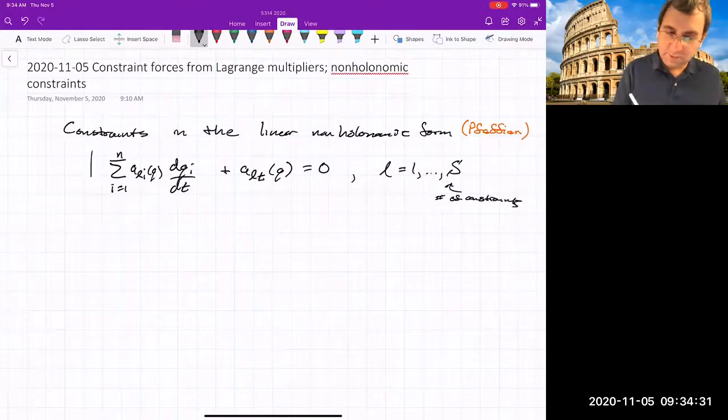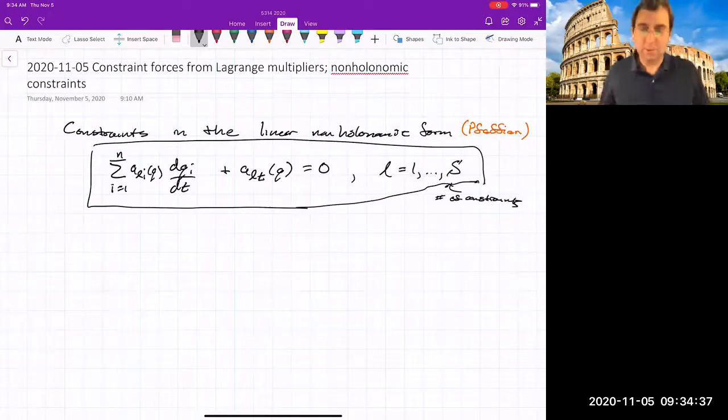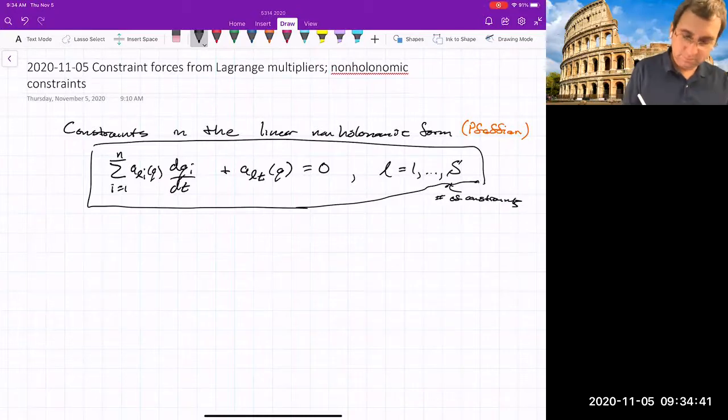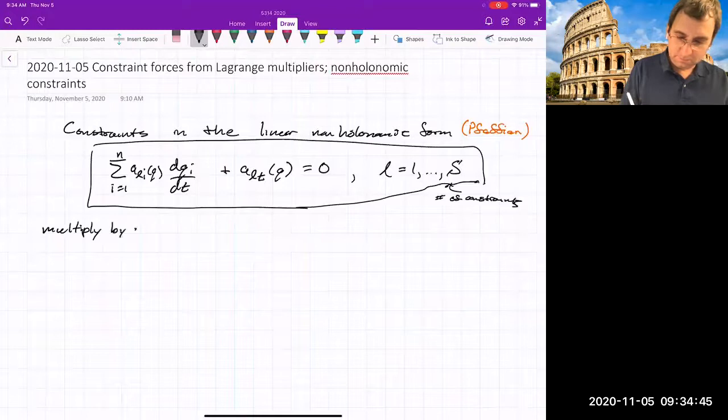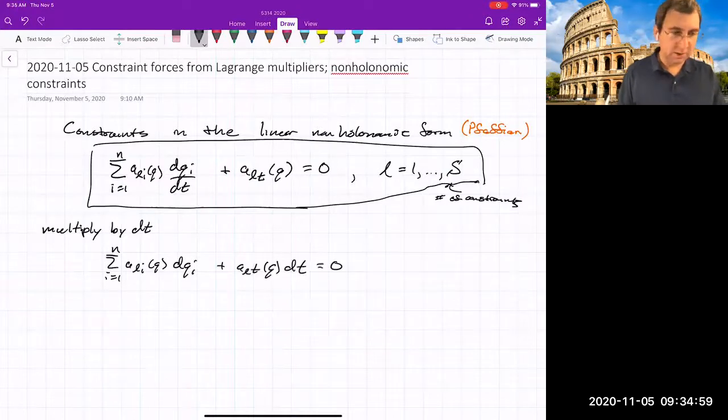total constraints. So if we've got our constraints written this way, then multiply by dt. And I just get the same thing, but this is ALI(Q) dQi plus ALT(Q), and now there's a dt over on this term.